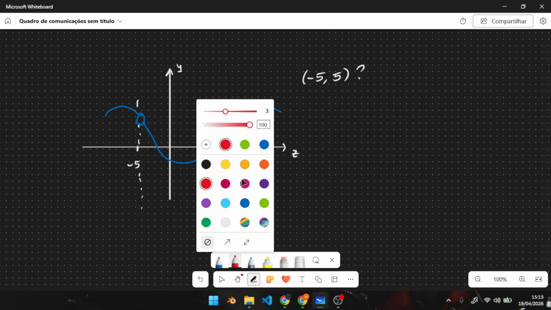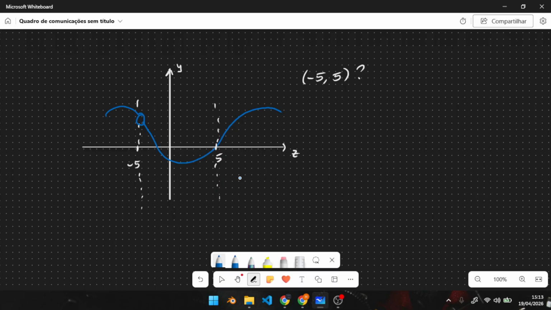Let me just make it easy for myself here. Is the function continuous in that same interval from minus 5 to 5? Now, at least my old self would say no, because the function is not defined at minus 5. But the correct answer is that the function is indeed continuous in that interval.